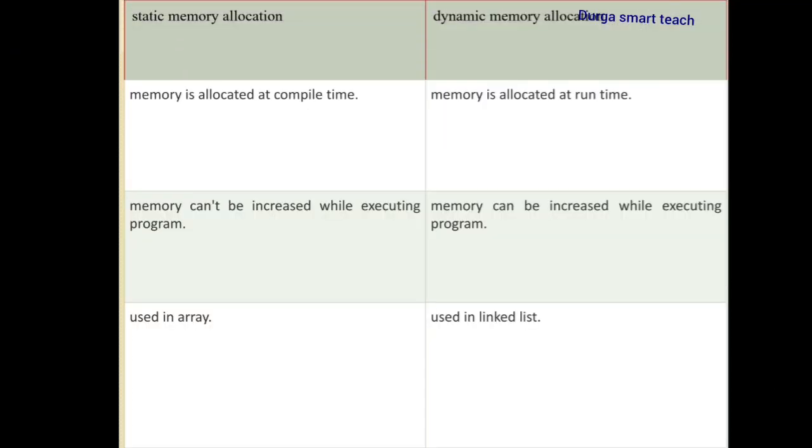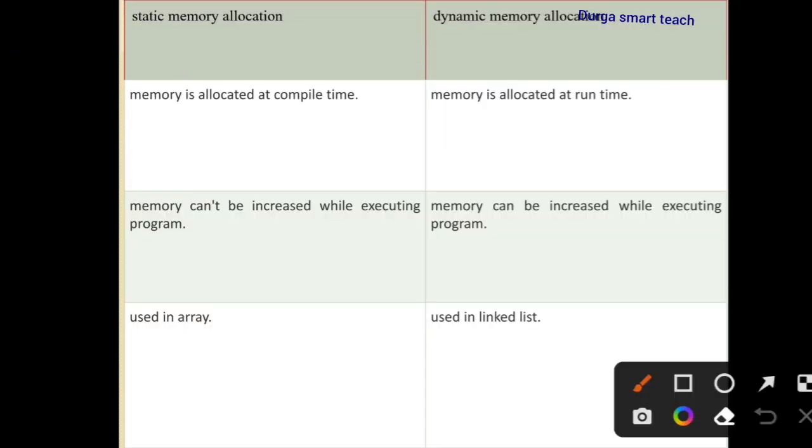So here the differences between static memory allocation and dynamic memory allocation are, in static memory allocation the memory is allocated at compile time, but in dynamic memory allocation the memory is allocated at runtime. Memory can't be increased while executing the program. For example, static memory allocation means int a.